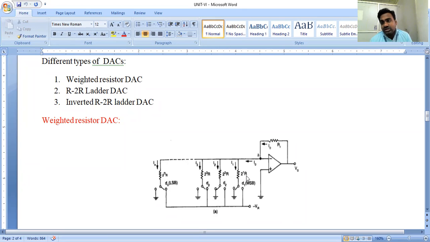That makes the configuration look like an inverting type operational amplifier.